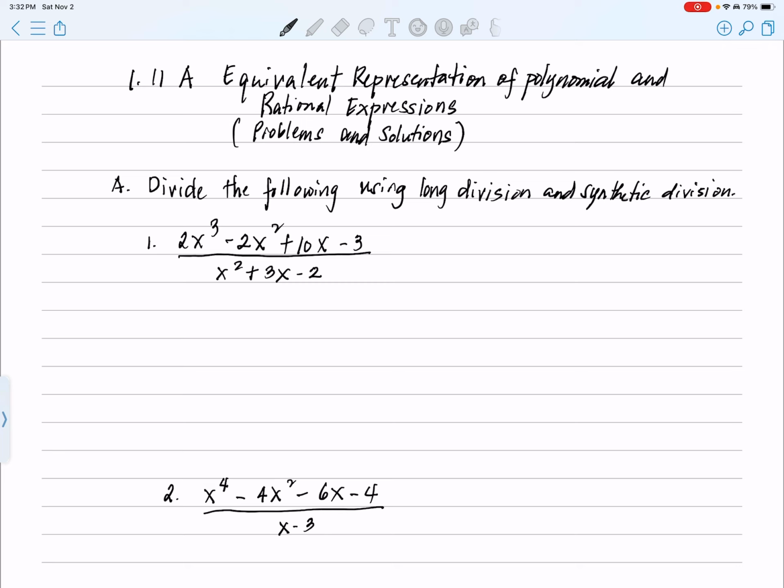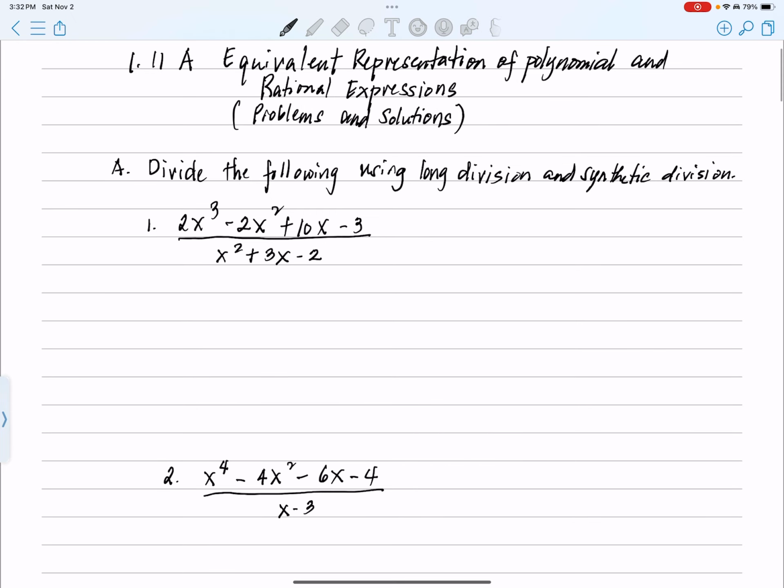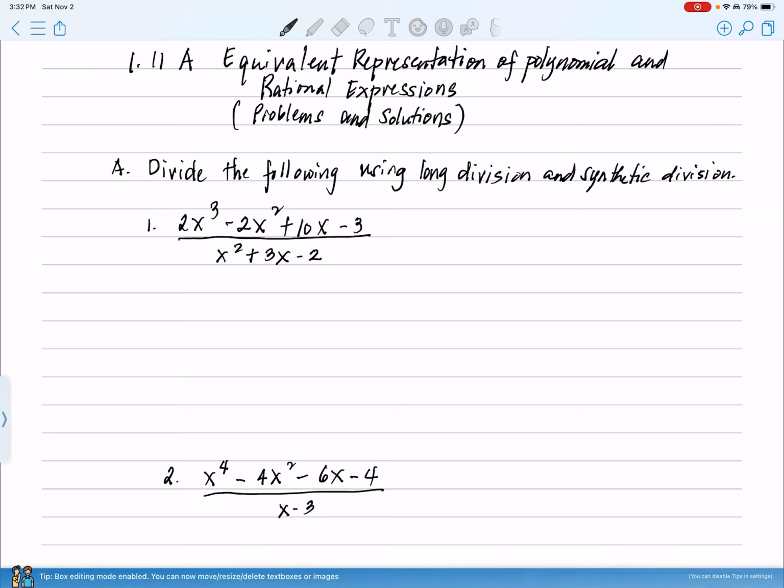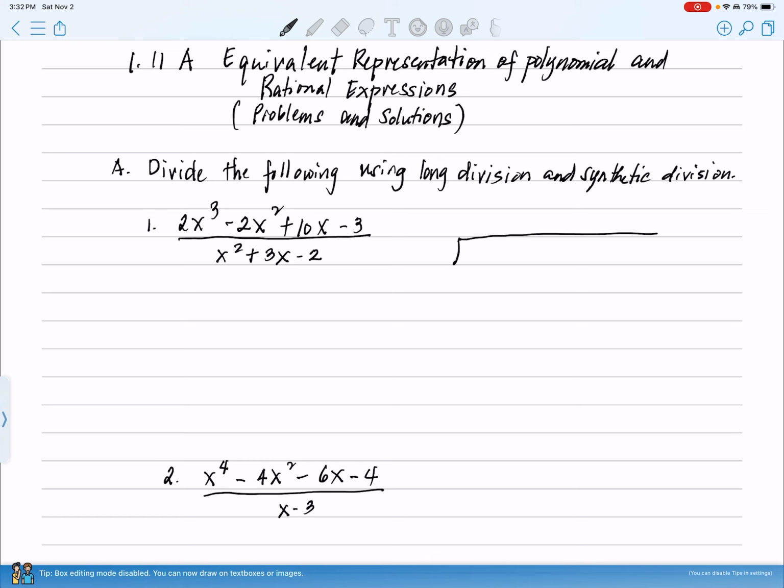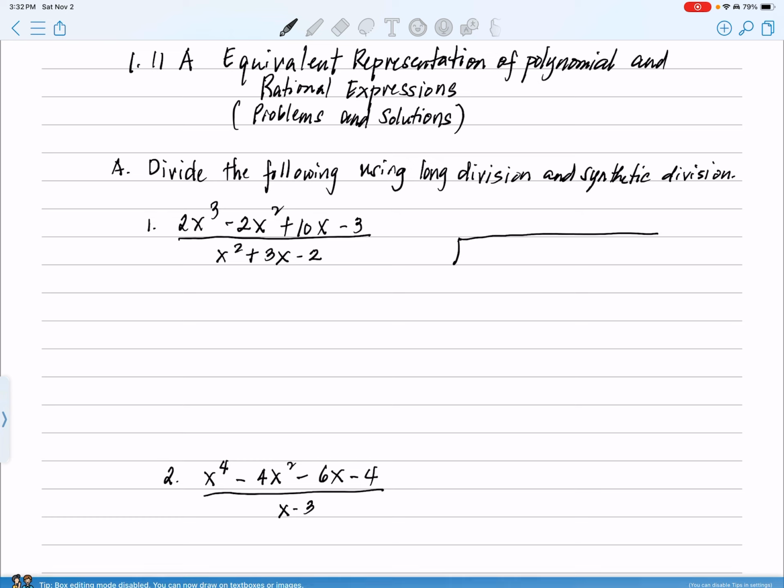By looking at number 1, since the divisor is a polynomial, then we might as well use long division. So setting up, first of all, we have to inspect that the place order is all there.